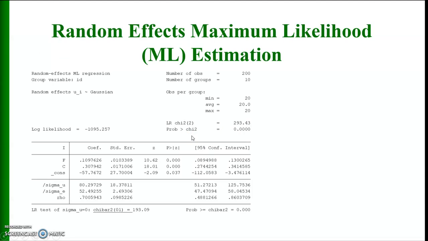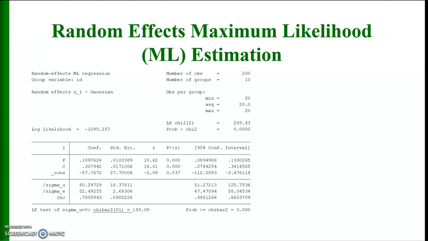After this, I'm going to show you the random effects model using maximum likelihood estimation, and the data is the same panel data. The command for this regression is xtreg i f c comma, and then we write mle.